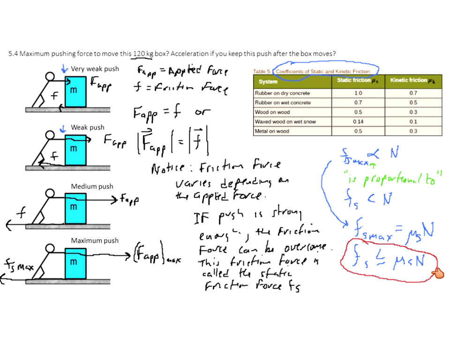And this coefficient depends on the two materials. So if this is a box, a box could be a wooden crate. And I just copied and pasted this table, by the way, table 5, from the book. So what would be reasonable on here? Maybe a wooden crate on top of a metal floor.